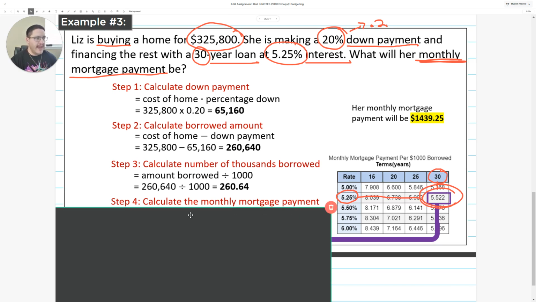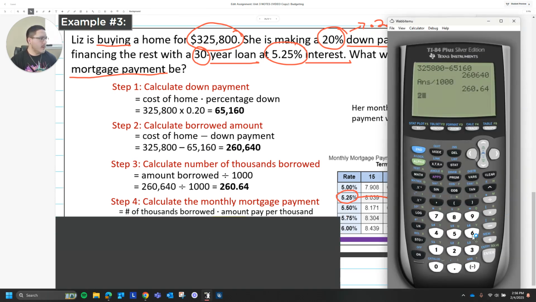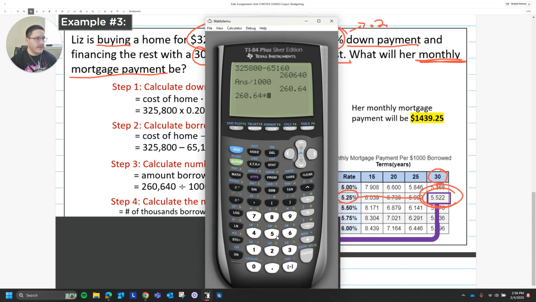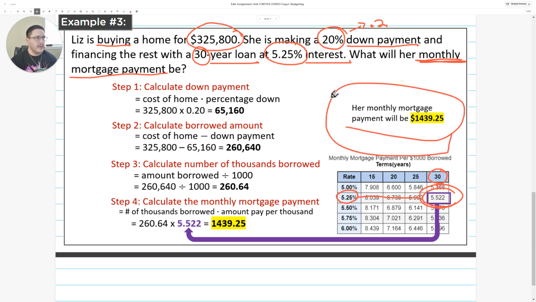So we're going to multiply that with 260.64. 260.64 times 5.522, and we get $1,439.25 as our monthly mortgage payment. And that is your final answer.